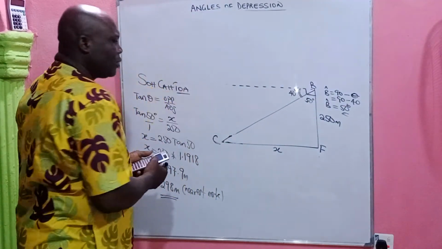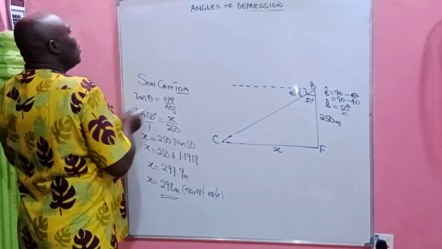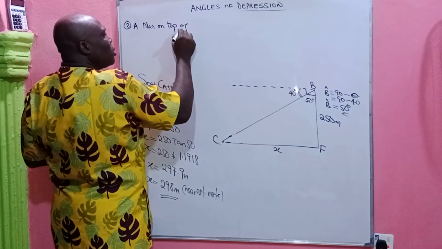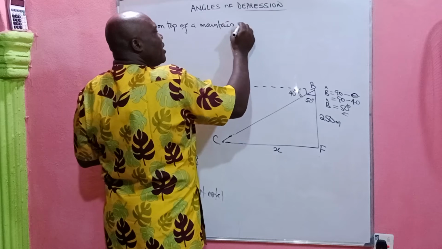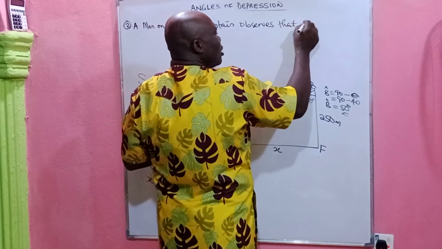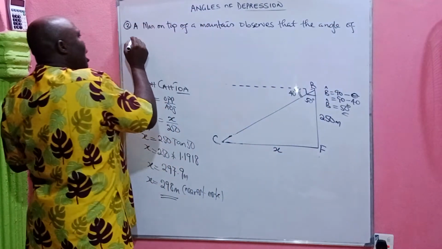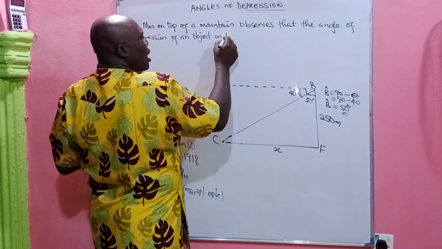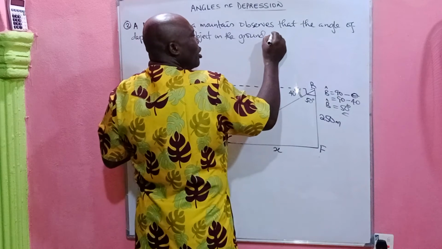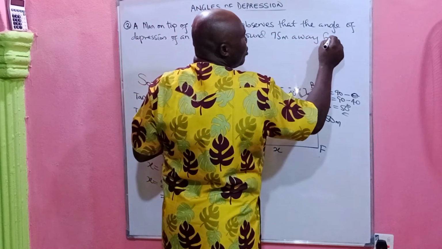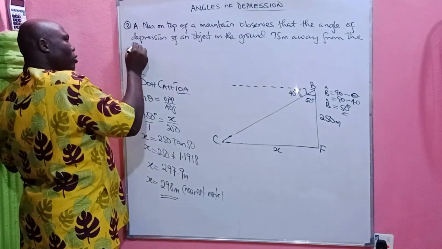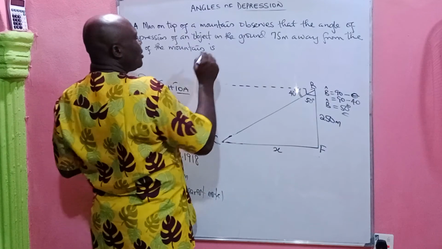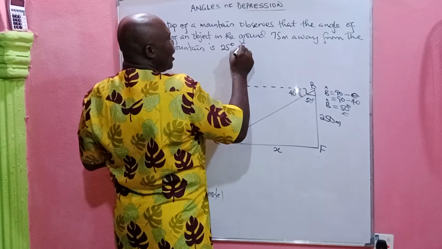Let's say, for instance, we were told that number 2, a man on top of a mountain observes that the angle of depression of an object on the ground 75 meters away from the foot of the mountain is, let's say, 25 degrees. Find the height of the mountain.